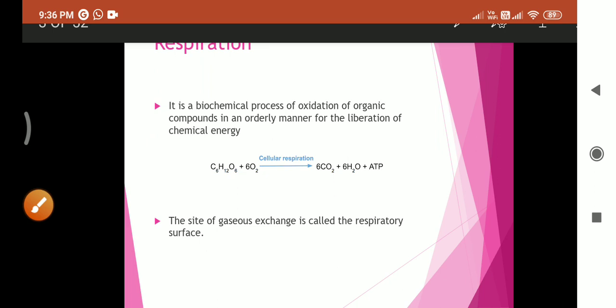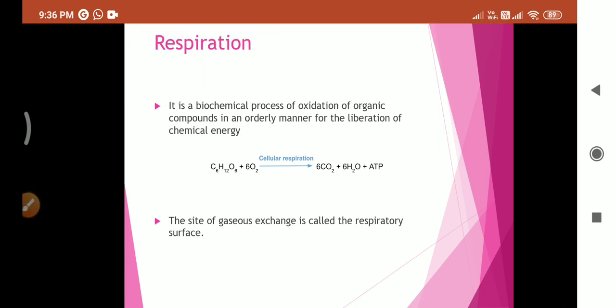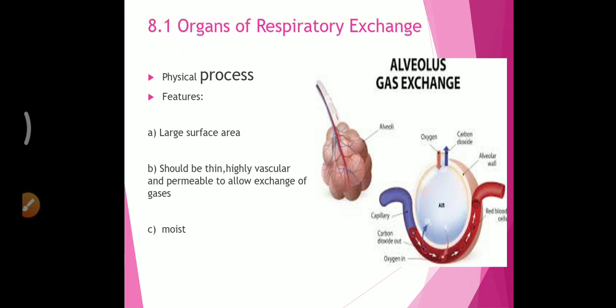The place where the process is completed is the respiratory surface. Let's move on to the next slide. In this slide you can learn about the organs of respiratory exchange. That organ is the respiratory system.